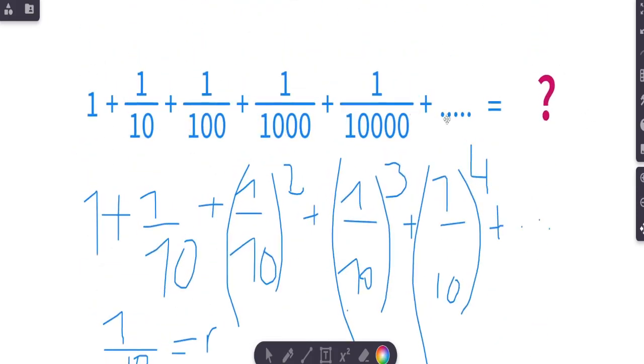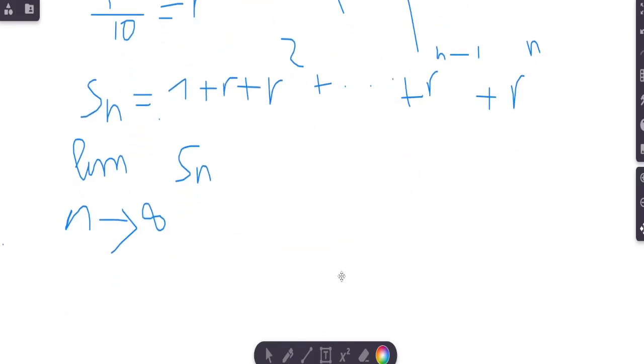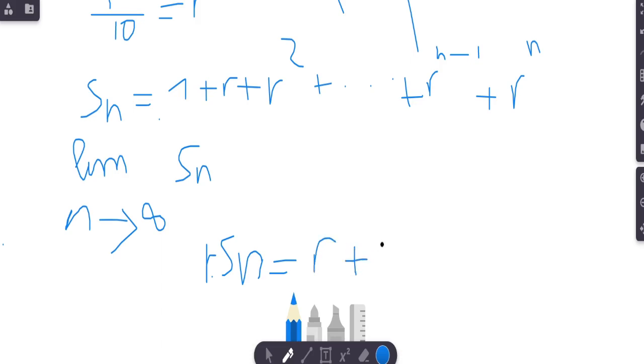Okay, so let's write Sn, plus let's write r multiplied by Sn. So we have r plus r squared plus etc. plus r to the n, plus r to the n plus 1.